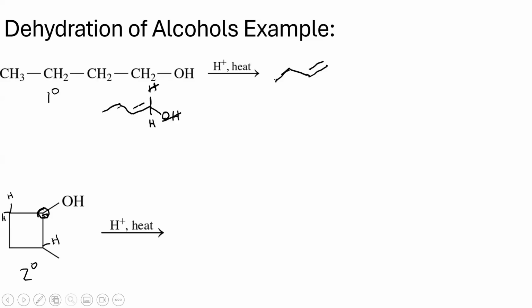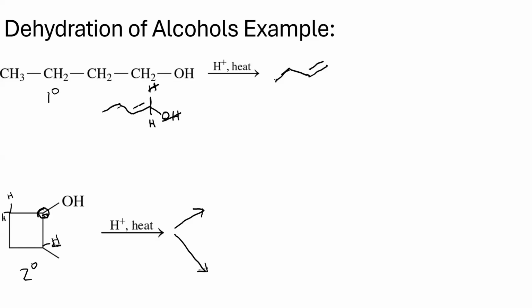So when we add heat and acid, we could form two different products, the Zaitsev product and the non-Zaitsev product. The Zaitsev rule product says that we'll remove the hydrogen from the carbon with the least number of hydrogens.